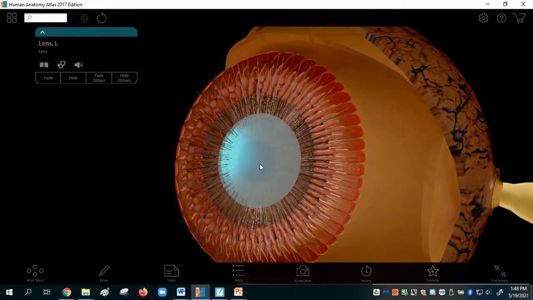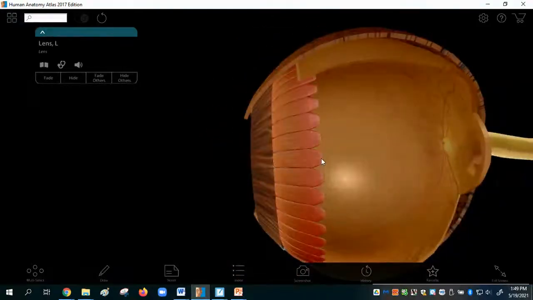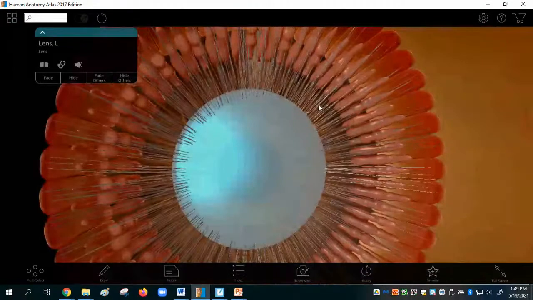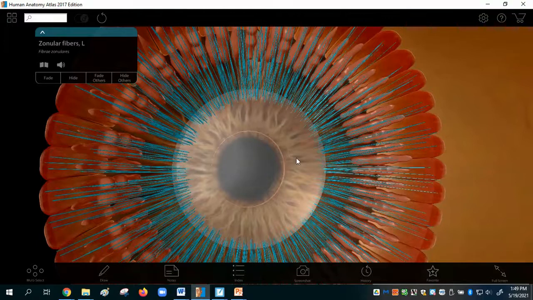And then this center part is the lens, and it's like a soft, flexible pea almost, but it's sort of flatter. And it's able to change to focus the light rays onto the innermost layer of the eye. So here's the lens, and then these tiny little strands are the suspensory ligaments.